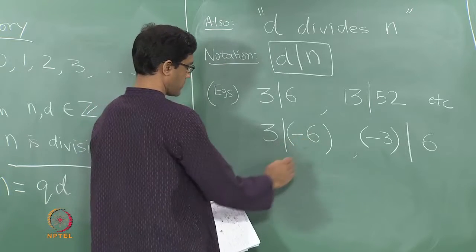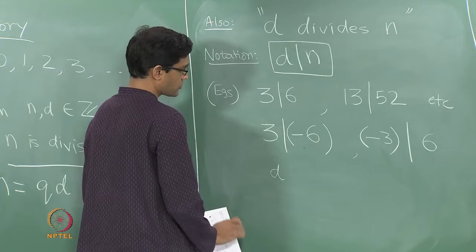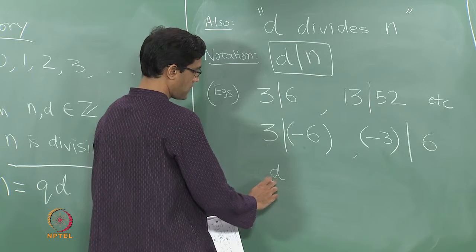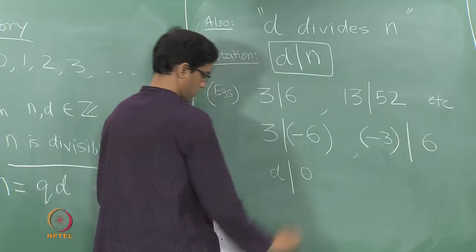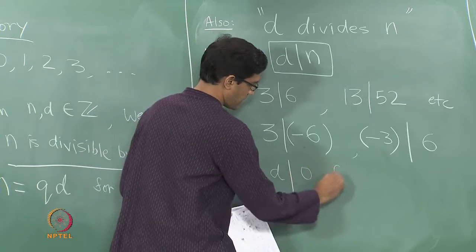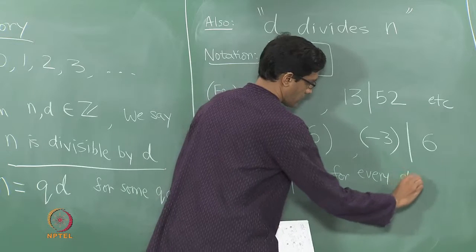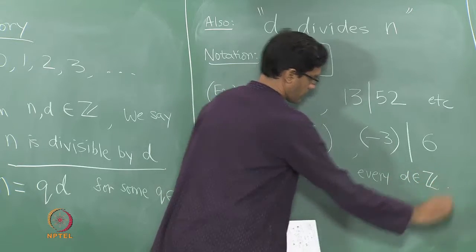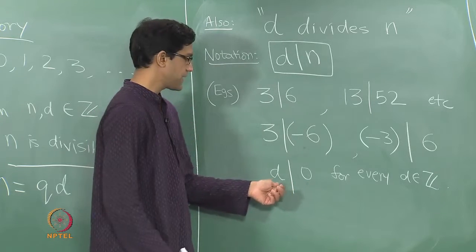Now here are some border cases which we need to keep in mind. No matter what d you pick, d always divides 0. So d divides 0 for every d in Z, because 0 can always be written as d times 0.